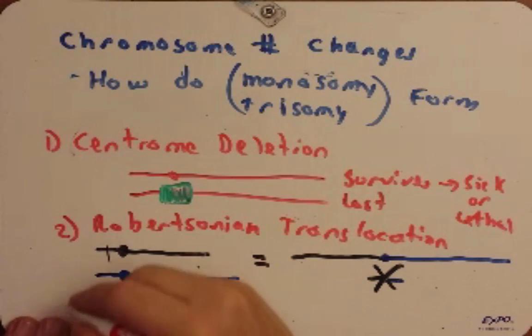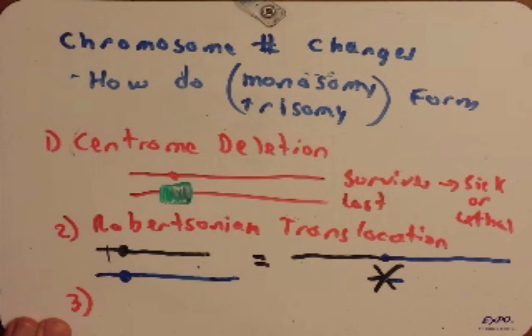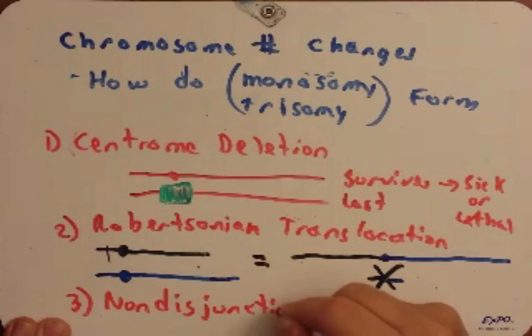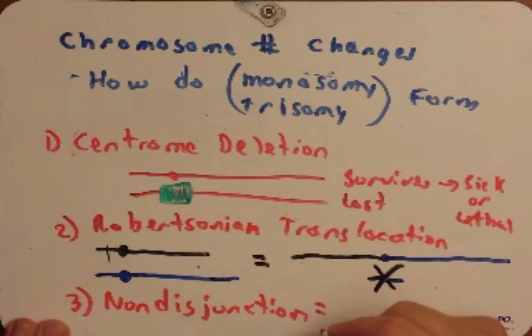The last way we can generate chromosomal changes, aneuploids, is through something called non-disjunction. We're not going to spend much time on it here, but in the last podcast, we're going to go pretty in depth on what non-disjunction means.